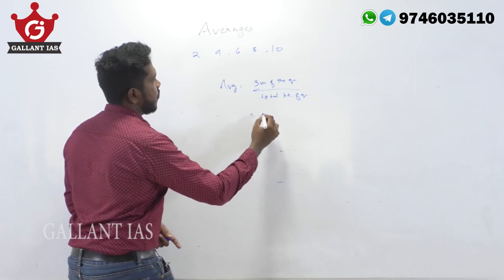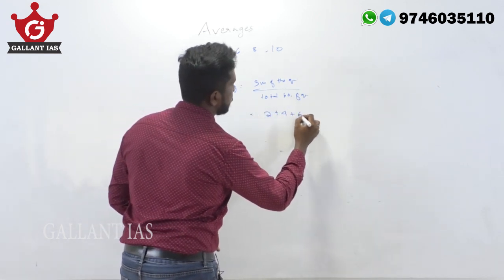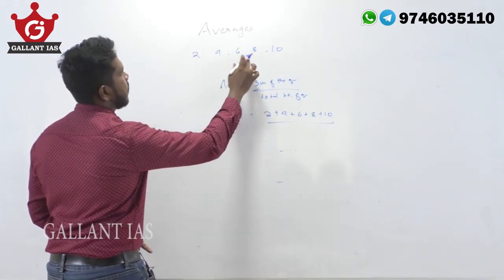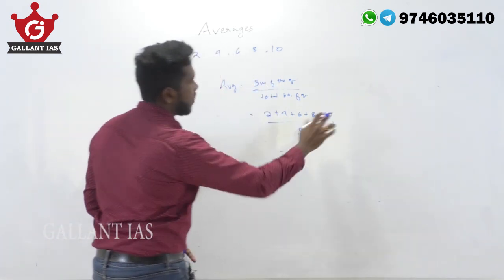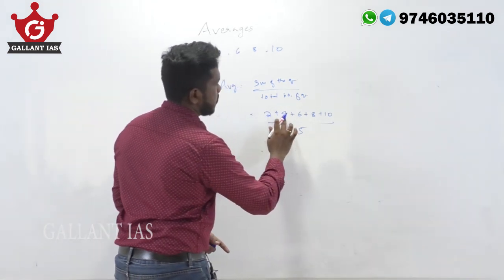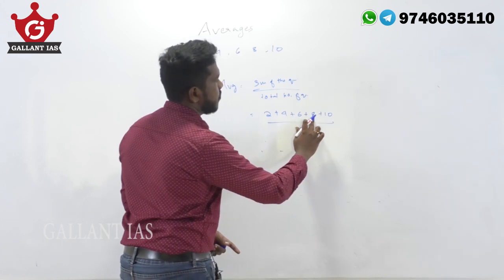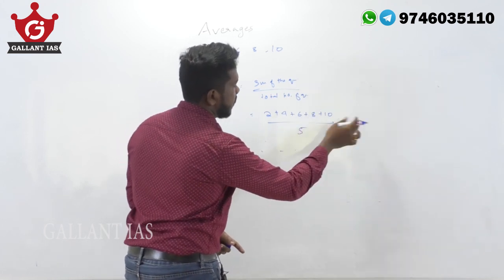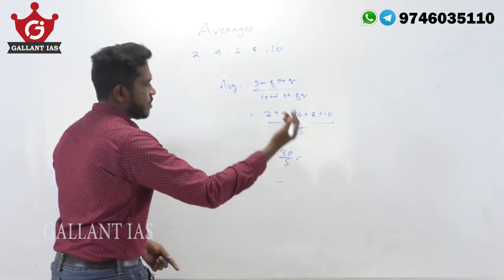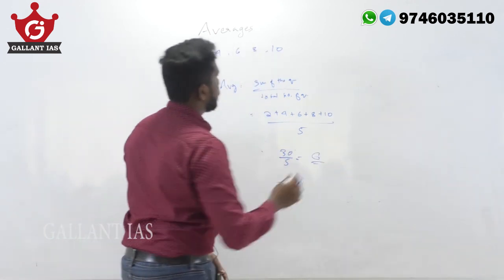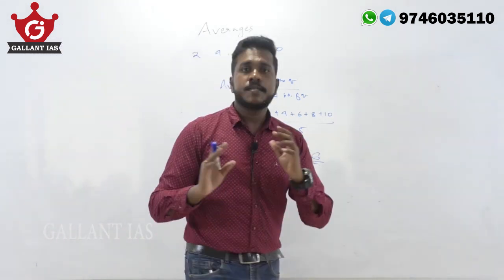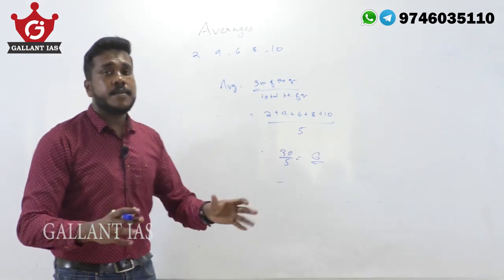The sum of the quantities is 2 plus 4 plus 6 plus 8 plus 10, all divided by the total number, which is 5 quantities. 2 plus 4 is 6, 6 plus 6 is 12, 12 plus 8 is 20, 20 plus 10 is 30. 30 divided by 5 on simplification, you will get the answer as 6. So the average of the 5 numbers 2, 4, 6, 8, 10 is 6.